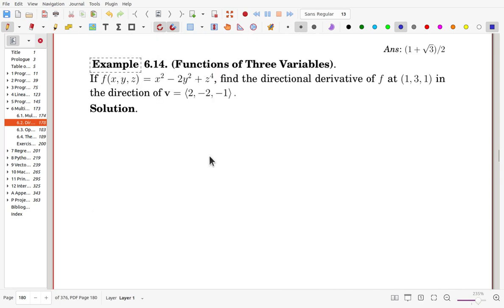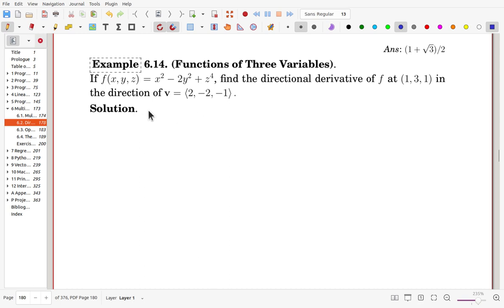Now the concept of directional derivative can be defined for functions of three variables, in fact, functions of arbitrarily many variables. Here f is defined as a function of three variables x, y, z in this way, and find the directional derivative of f at (1, 3, 1) in the direction of v = (2, -2, -1).